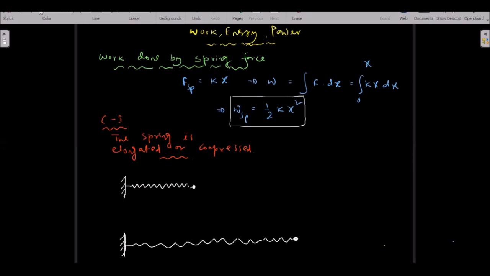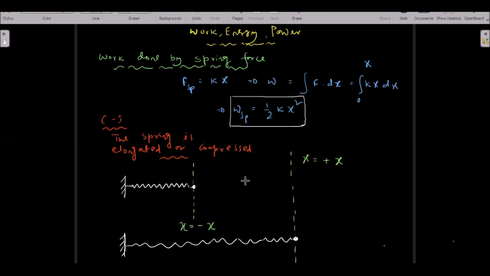This is x equal to minus x, and this position is x equal to plus x.